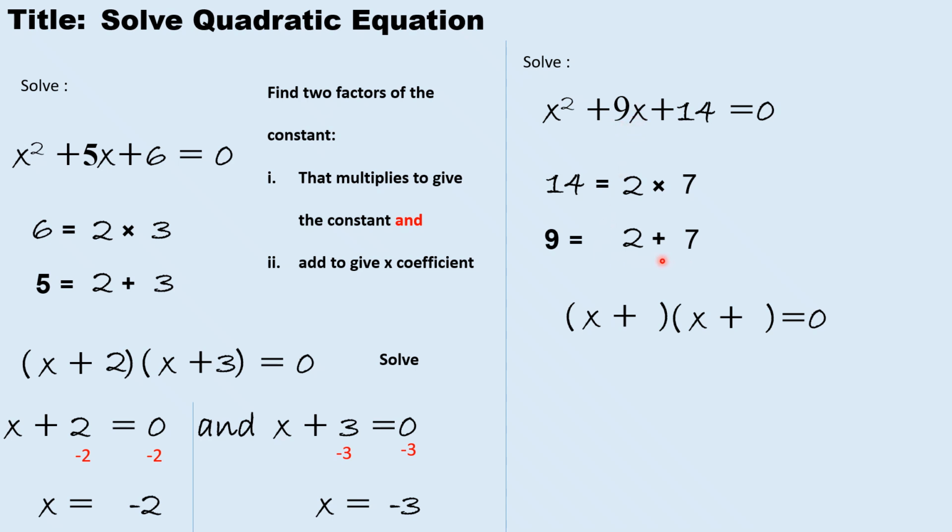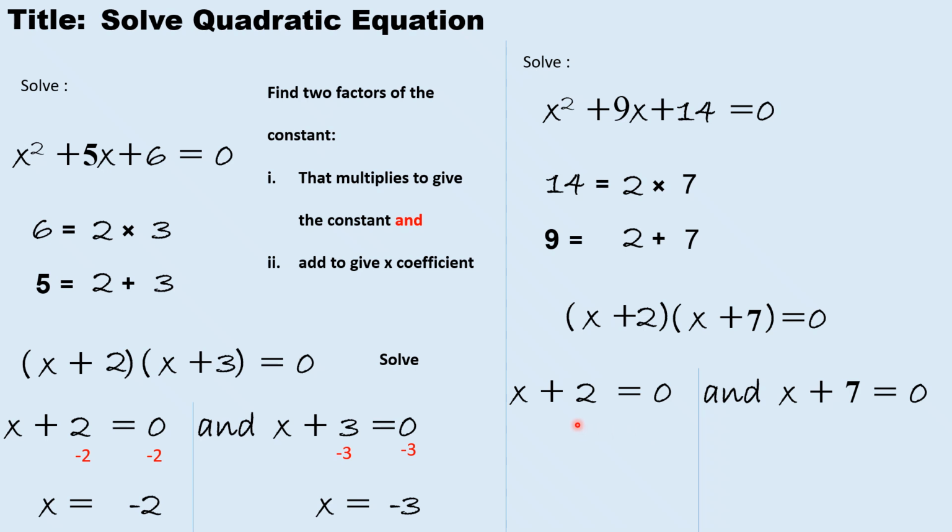So here they are, 2 and 7. 2 goes in your first bracket, 7 goes in your second bracket. So we have just factorized. Let's do the next part, which is solving that quadratic now. Here again, x add 2 is equal to 0, and x add 7 is equal to 0.